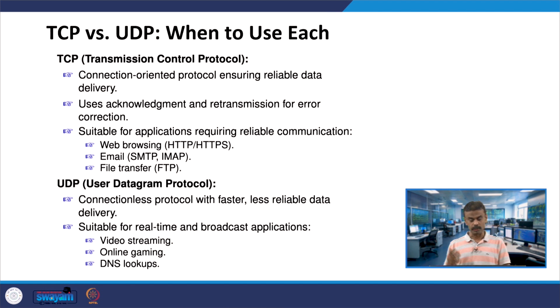Your data should be reliable. TCP uses acknowledgement and retransmission for error correction, and it is used for web browsing like HTTP, HTTPS, emails like SMTP server or IMAP server, and file transfer, which you call FTP.